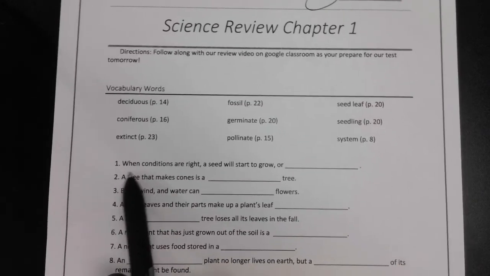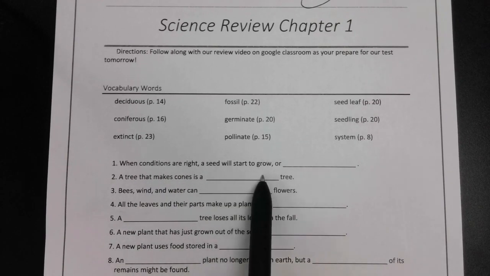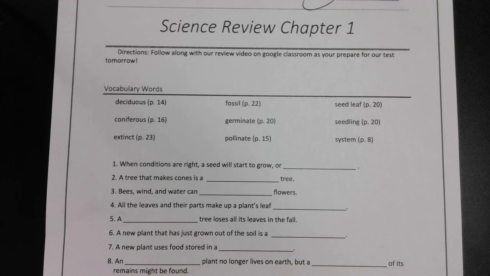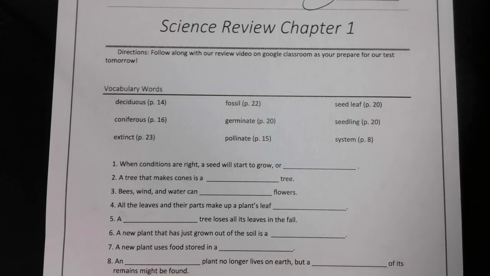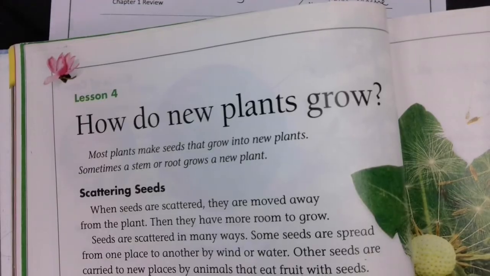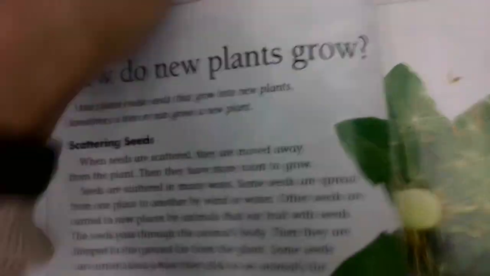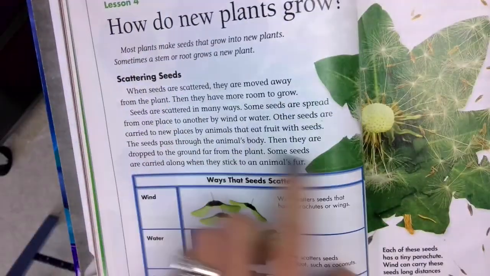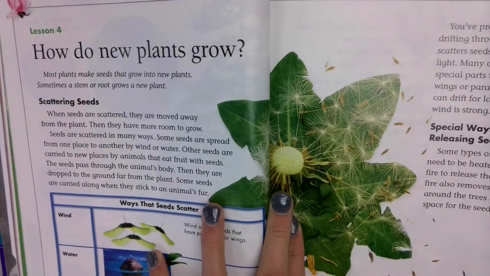Number 1, when conditions are right, a seed will start to grow, or what means start to grow? Which one of those vocab words? Well, lesson 4 taught us how new plants grow. So I'm going to look for a vocab word. I don't see any. Sorry, dropped a marker.